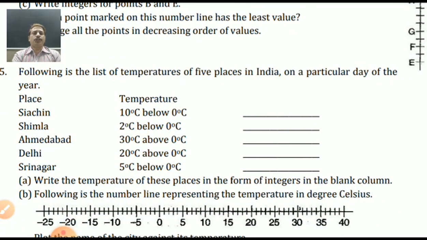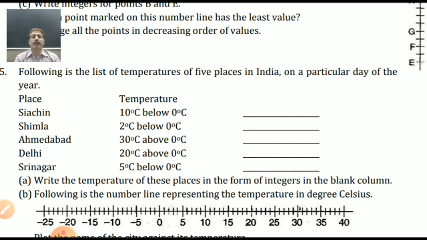Following is the list of temperatures of 5 places in India on a particular day of the year. Place and temperature. Siachen, 10 degrees centigrade below 0 degrees centigrade. Have you heard this word anytime, students?